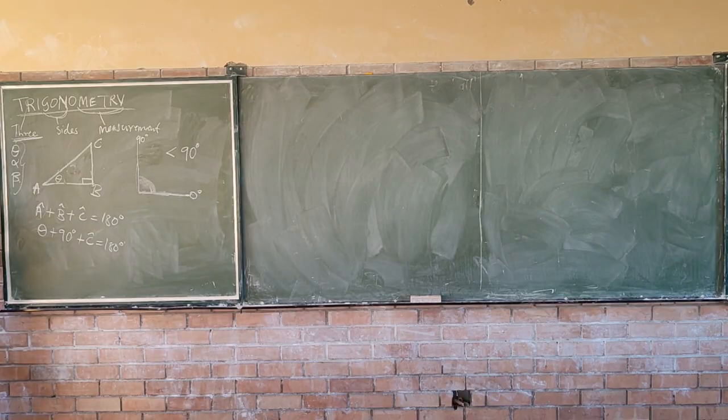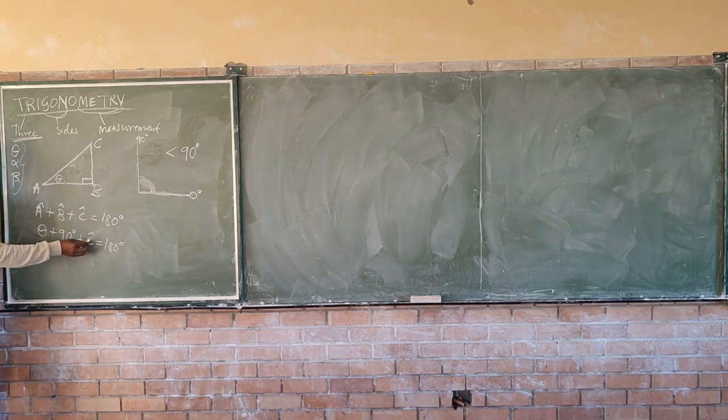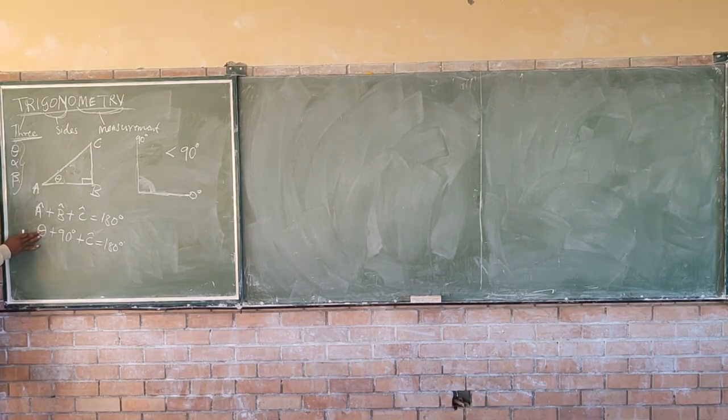Then now, what you do here is your algebra part. We are only looking for C. So we must put the additive inverse of these things.